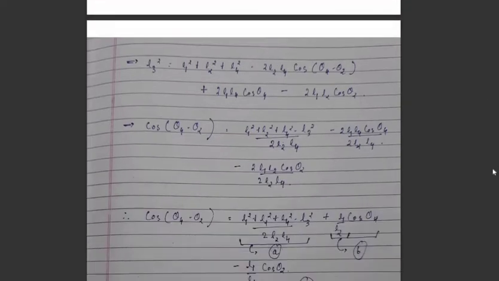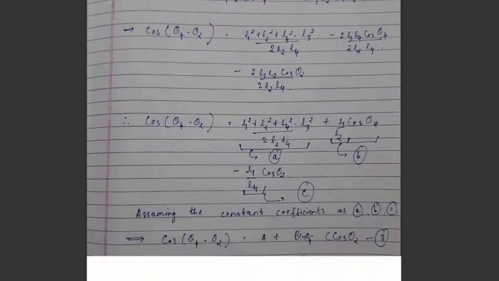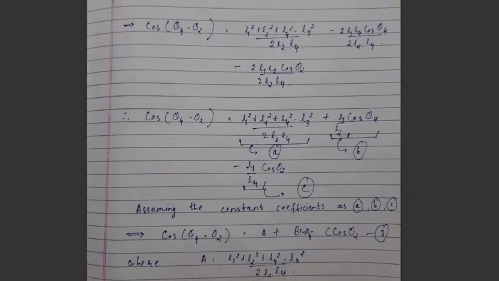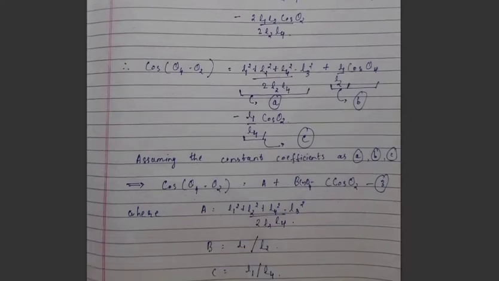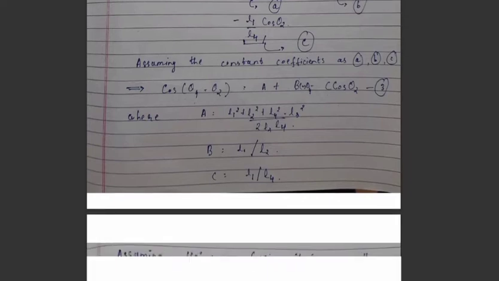So that equation will be cos theta 4 minus cos theta 2 is equal to something constant, A, plus B, which is also something constant, which we equated to be cos theta 4, minus C, which is some relation of lengths, cos theta 2. So this equation is known as Freudenstein's equation.